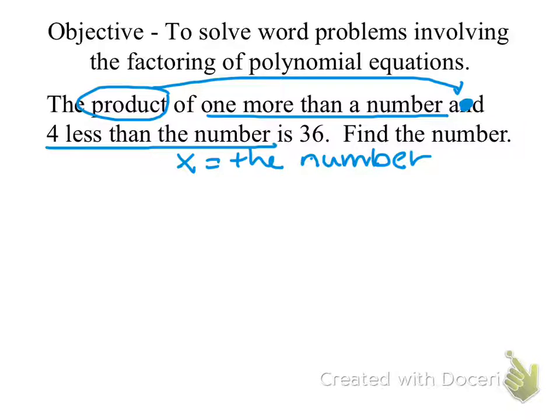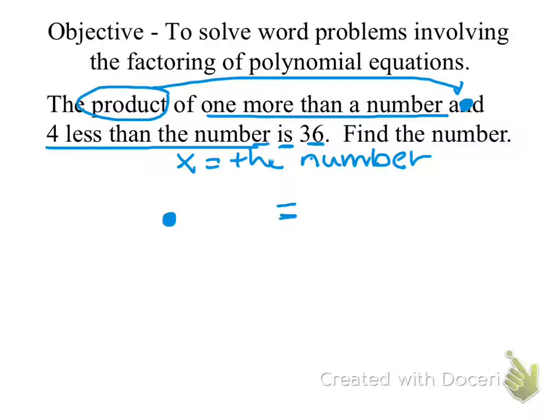And then I have the word is. And then I have a 36. So I'm translating it in that way. I've got a multiplication sign, an equal sign. What can I fill in here?